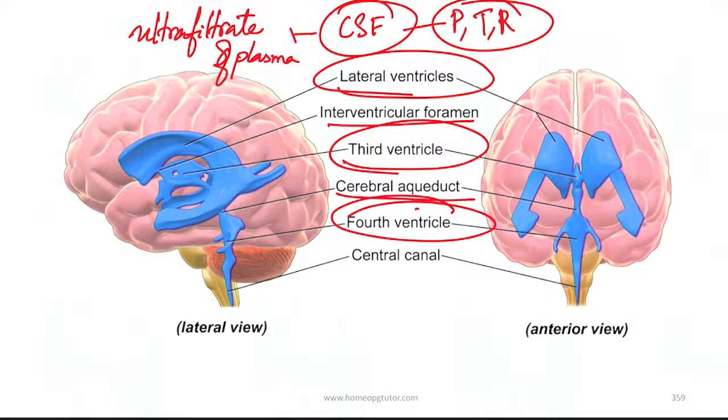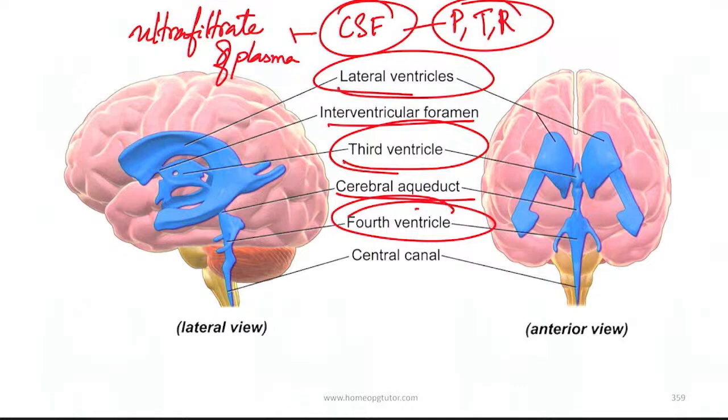The actual weight of the brain is around 1.3 or 1.5 kilogram. But when the CSF is surrounding the brain, the weight drastically reduces to 25 gram. So the brain is floating in CSF. You can imagine the brain floating in CSF, so that it will not compress the base of the brain, because all the important nerves and vasculature of the brain are present at the base, right?